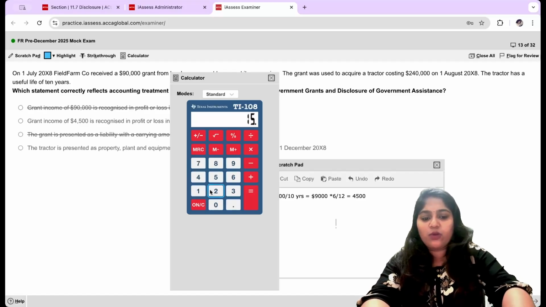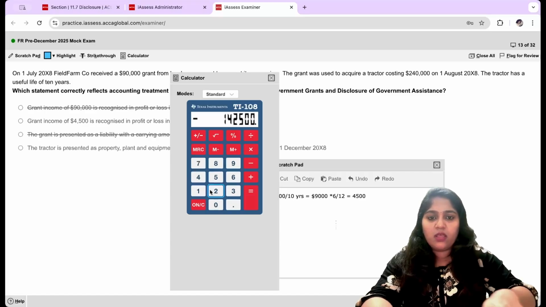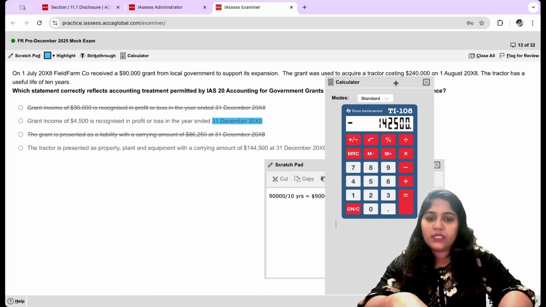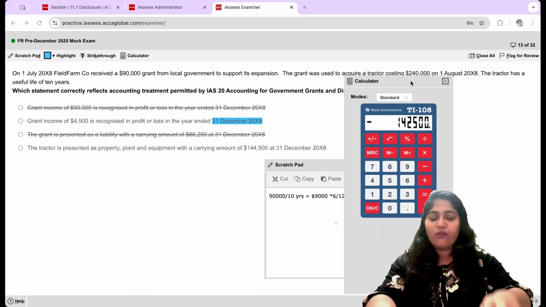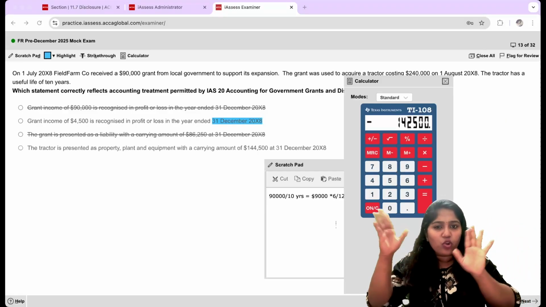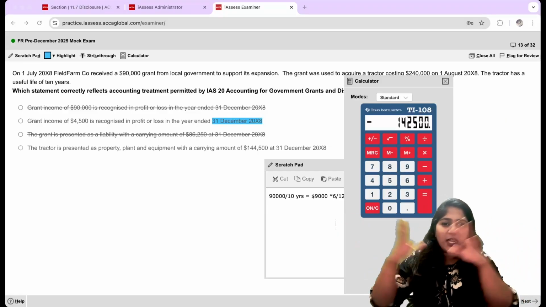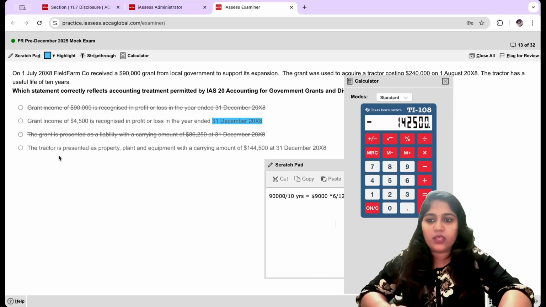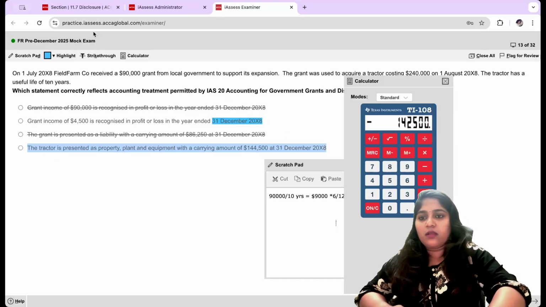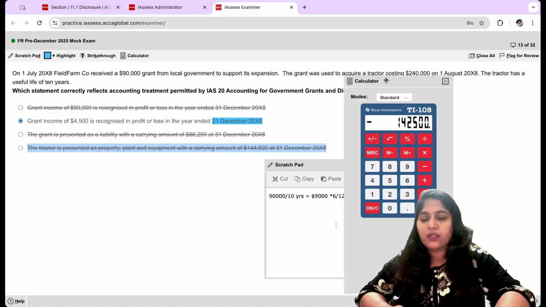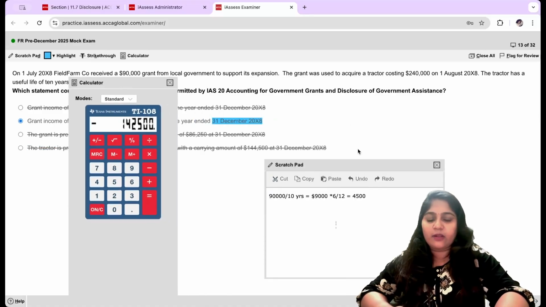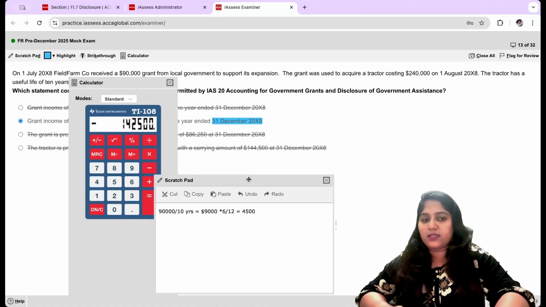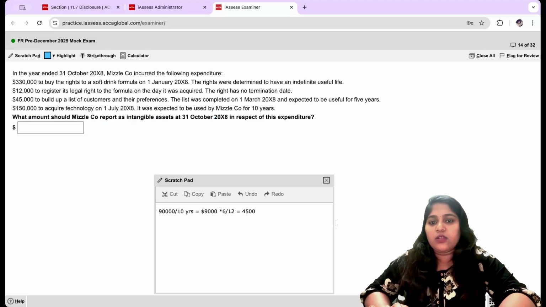My asset value would be 150,000. If I reduce depreciation, it should actually give me a value of 142,500, not 144,500. I think this is also wrong. The answer has to be option B. That should be the right answer. I'll go recognize the grant income for 6 months because the year ending is 6 months. Okay. Let's move to the next question.